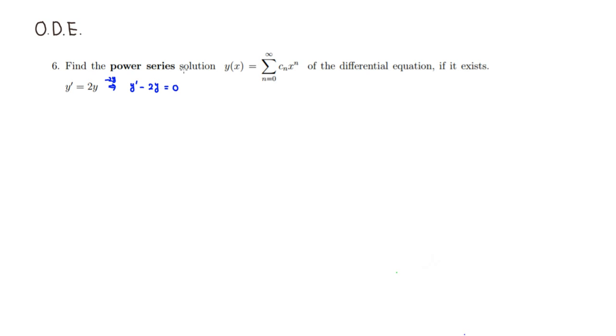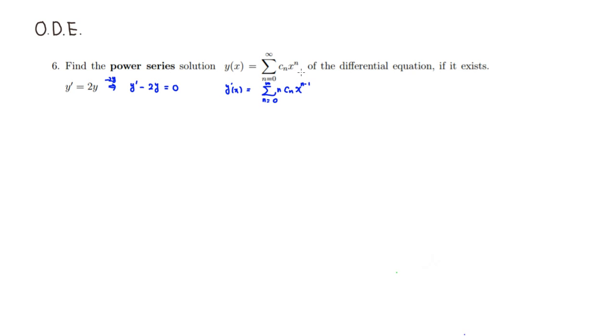Then we have a power series for the solution, and the derivative. If you take the derivative, y prime of x would be the summation, n goes from 0 to infinity, of cn times n x to the n minus 1.